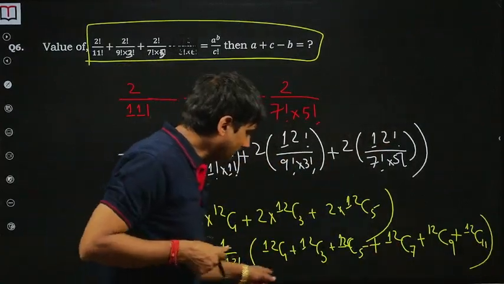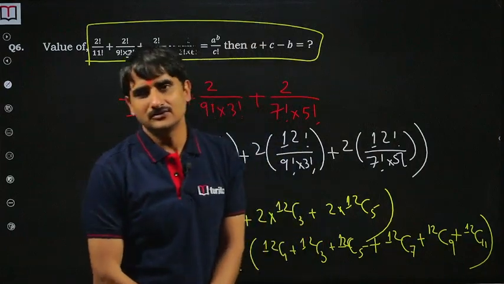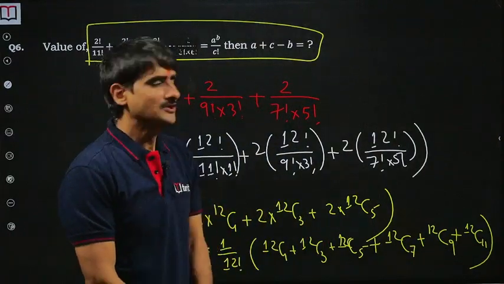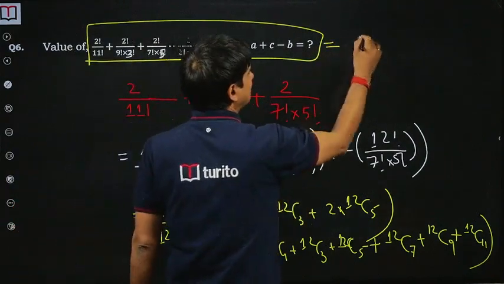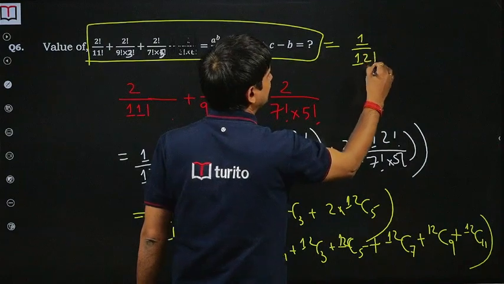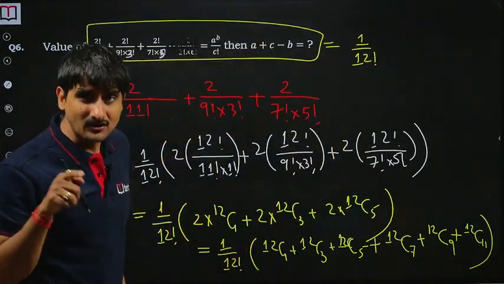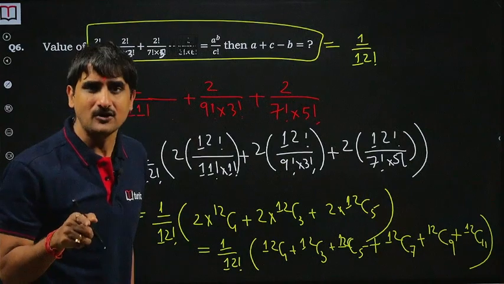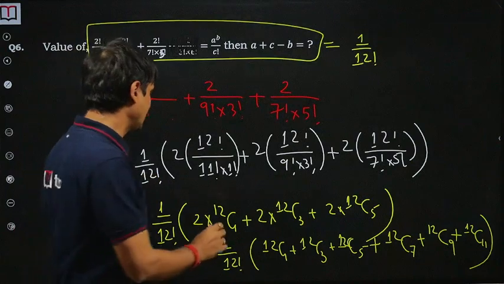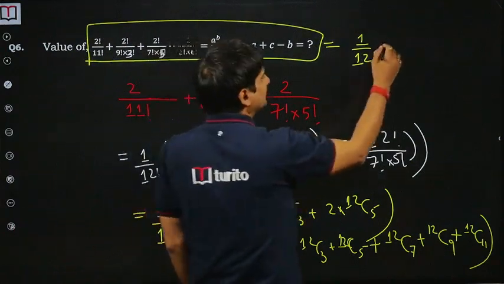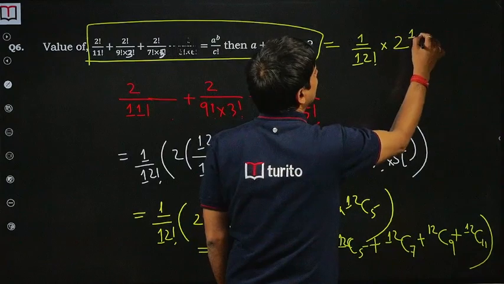Now what is it? Isn't that the sum of all odd binomial coefficients in the expansion? So if I write it here, it's 1 by 12 factorial, and as I said, the sum of all odd or the sum of all even binomial coefficients in the expansion is 2 raised to the power n minus 1, where the superscript is n. So it's 2 raised to the power 11.